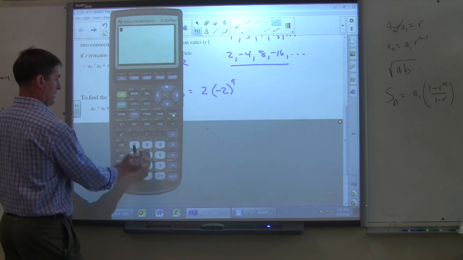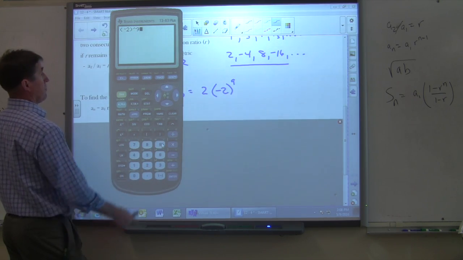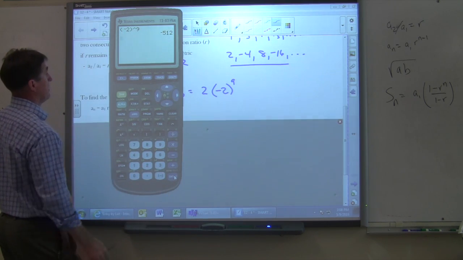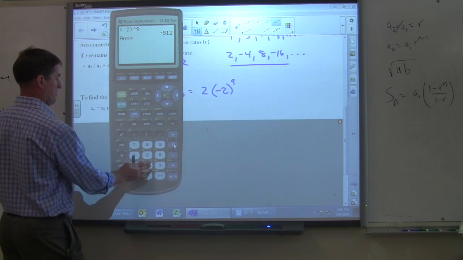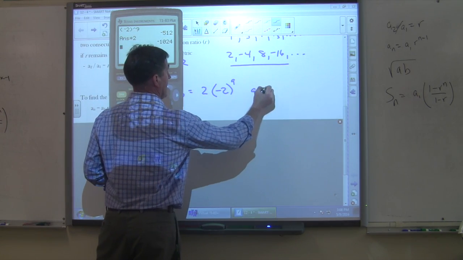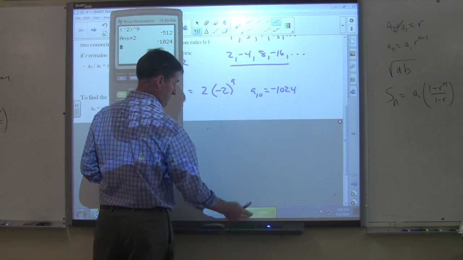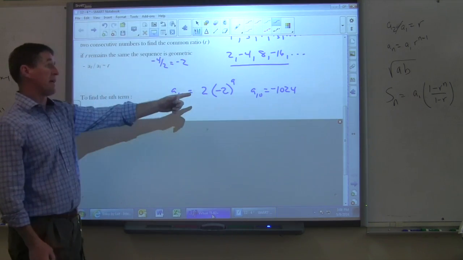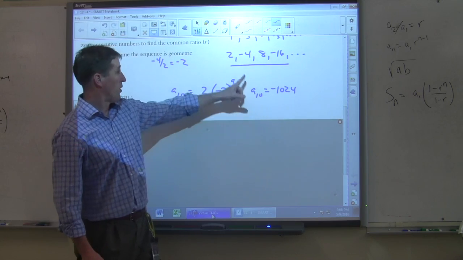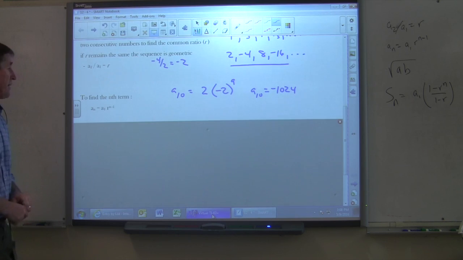Put it in parentheses, -2 to the 9th power. Remember, since it's an odd power and it's negative, we should get a negative number, times 2. And so a sub 10 equals -1024. Now, a thing you can be careful with on checking these is a sub 10 is an even-numbered term, while all our even-numbered terms are negative, so that gives us a good chance to know that we're right.